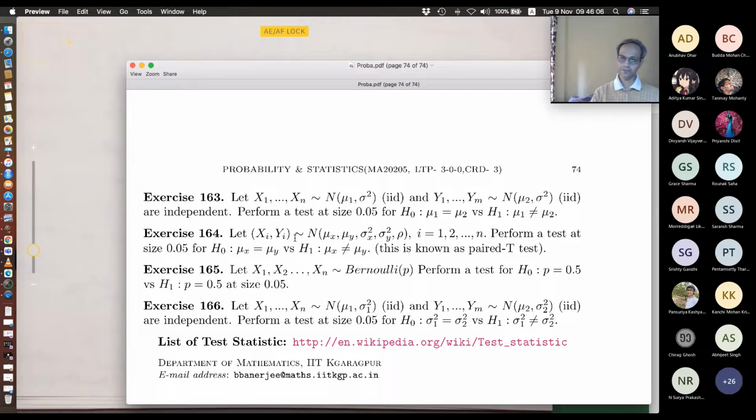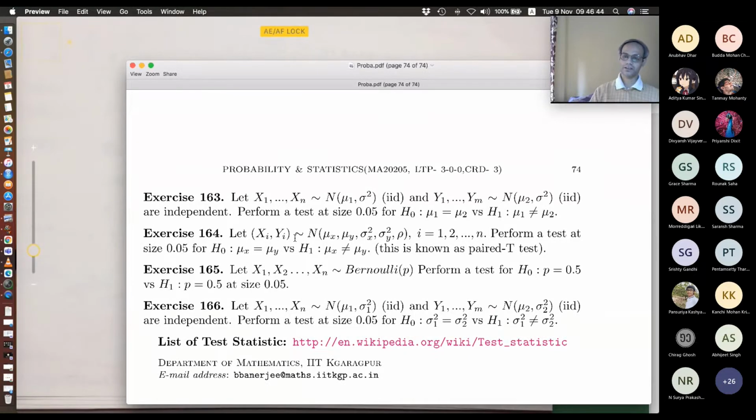So for each individual, there are paired observations. Nothing is specified. Just the hypothesis is saying the x component and y component have the same mean. Now, it is not specified what is the mean of x or what is the mean of y, the variance of x and the variance of y. It is also not specified what will be the correlation between x and y. So they can be different.